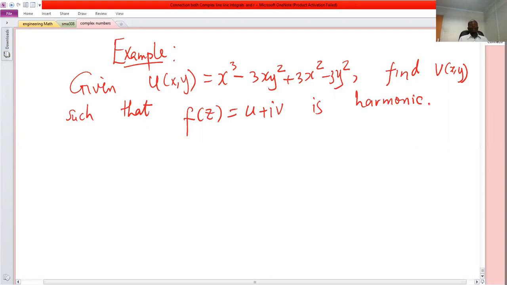This is the same thing I'm asking you, that just simply find the conjugate harmonic. Conjugate is analytic, not harmonic. Find the conjugate harmonic function v. So say that f of z is analytic.